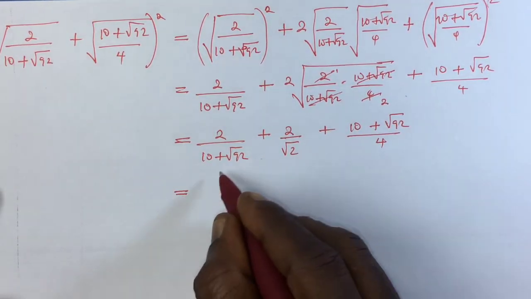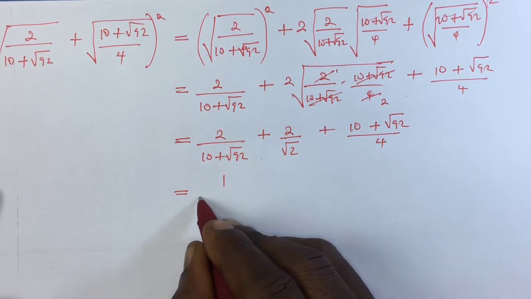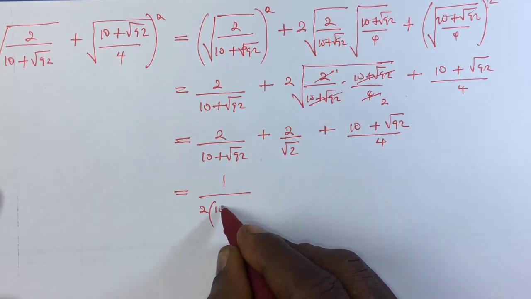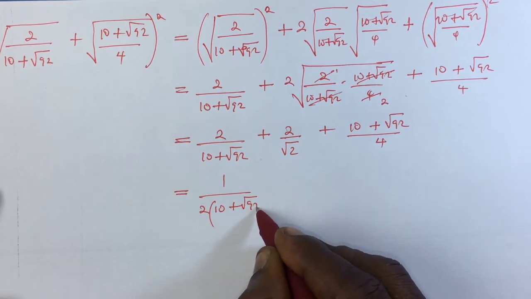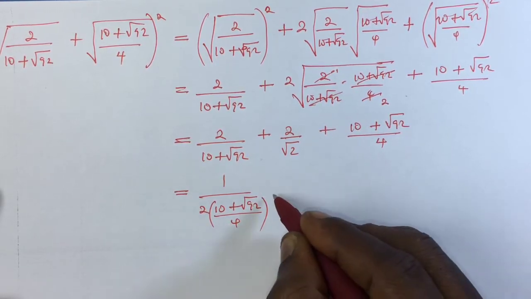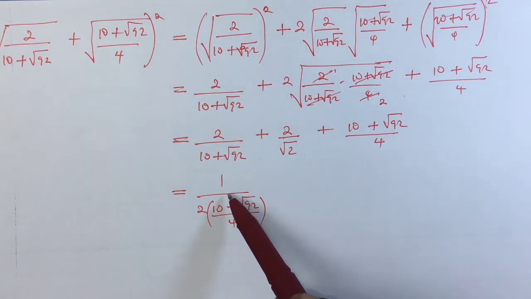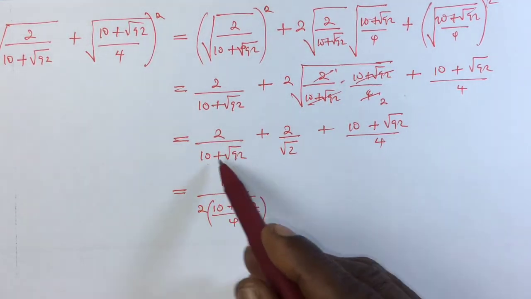Now I'm going to write this first term as 1 over 2, 10 plus root 92 all over 4. Okay, I'm going to write this. Of course, I've done nothing wrong because it's simply taking the reciprocal and writing this to look like this.